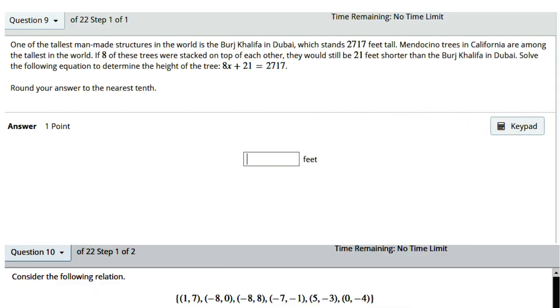For number 9, they're giving us the background, a word problem, and then they give us the formula.